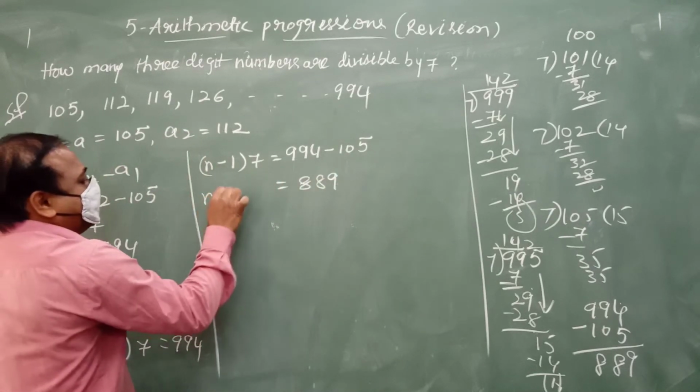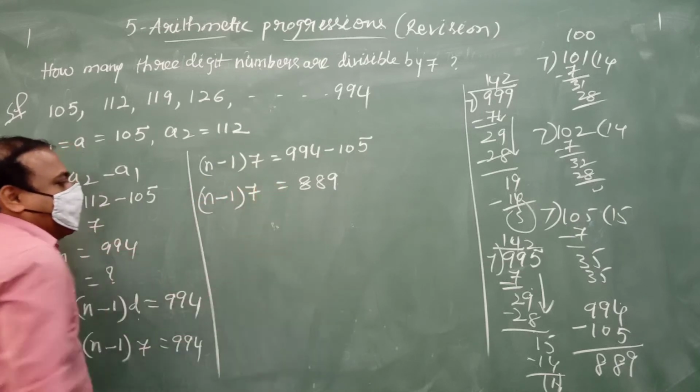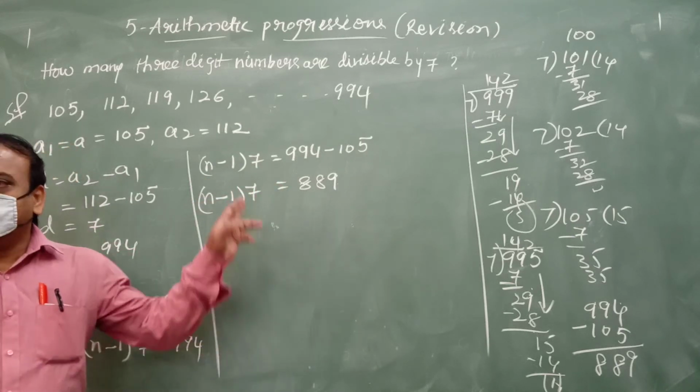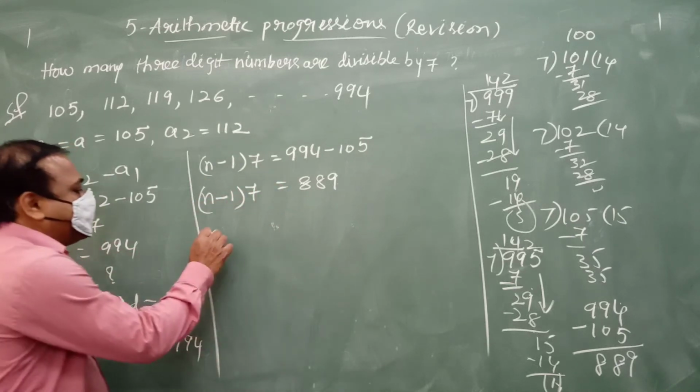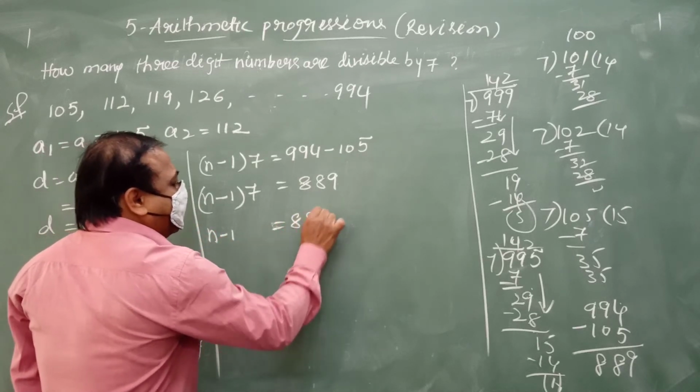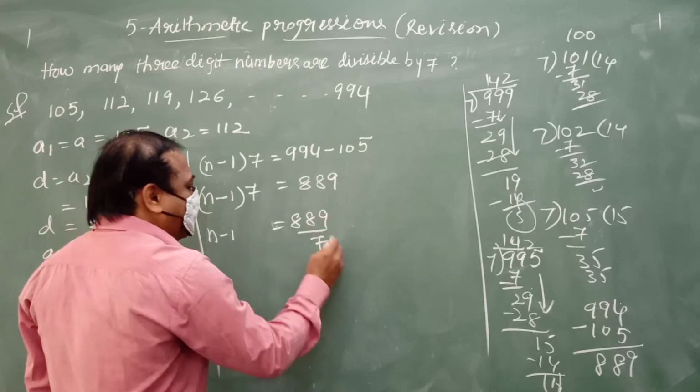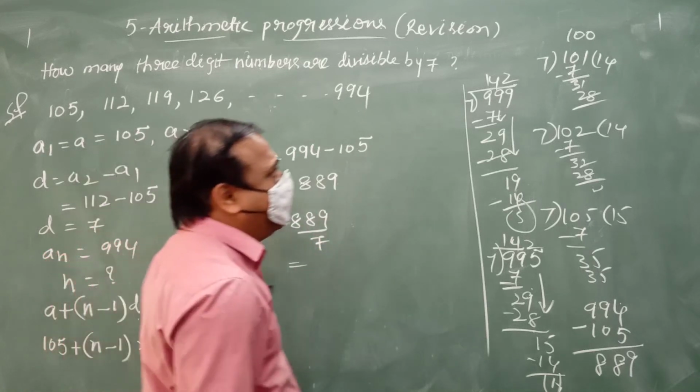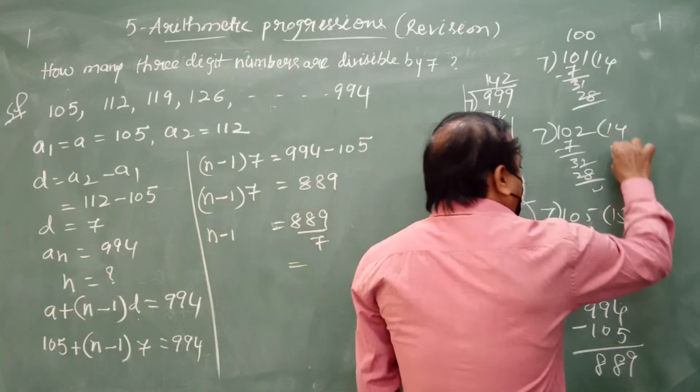Then n minus 1 into 7. Now which value will transpose? 7 you transpose, it divides. So n minus 1 is equal to 889 divided by 7.